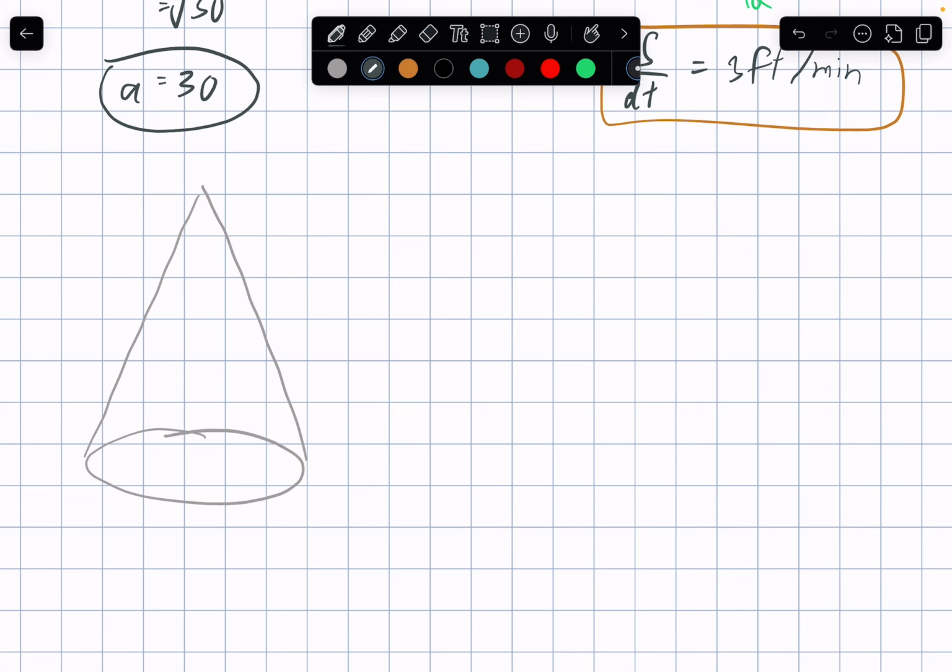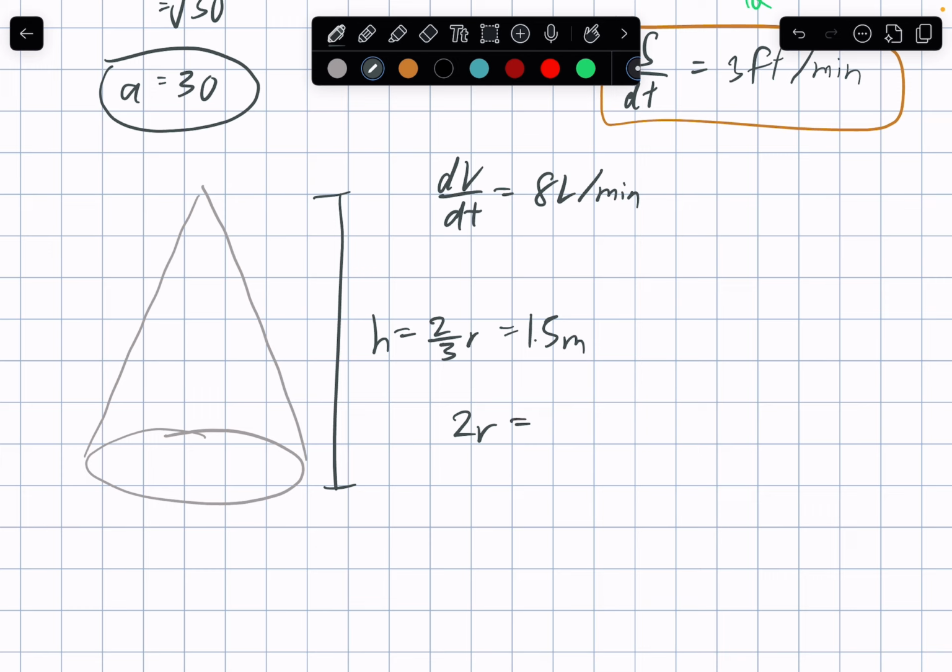So the rate 8 liters per minute, this is going to be dV over dt. The pile forms a cone whose altitude, or in other words the height, is always 2/3 of the radius. Find the rate at which the altitude is increasing when the altitude is 1.5 meters.